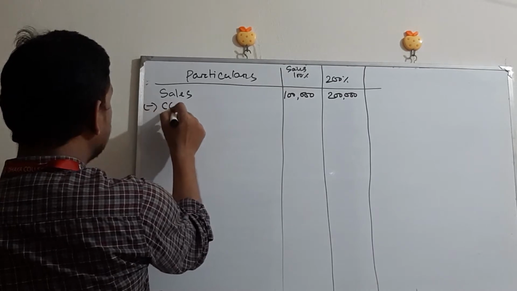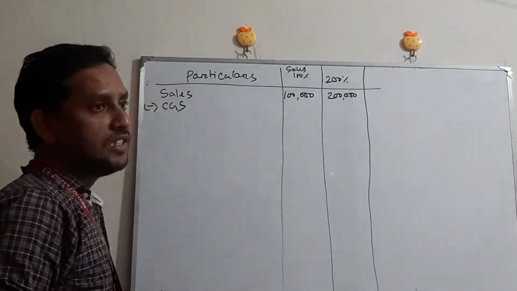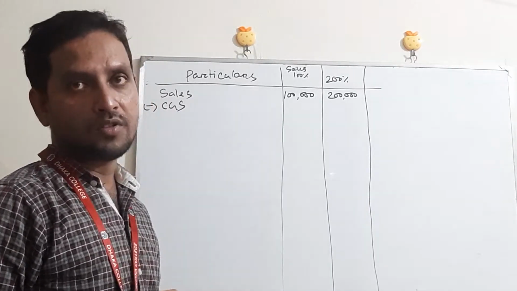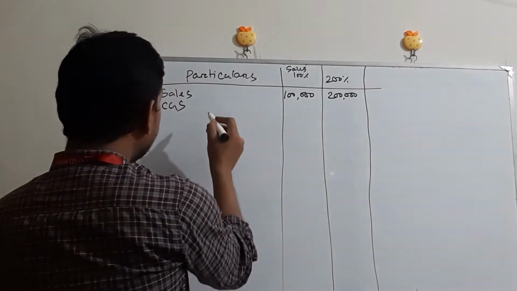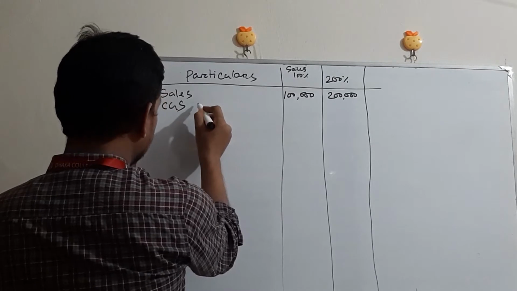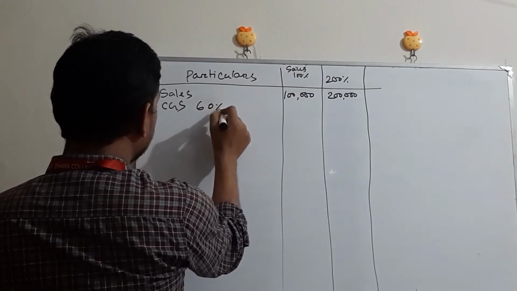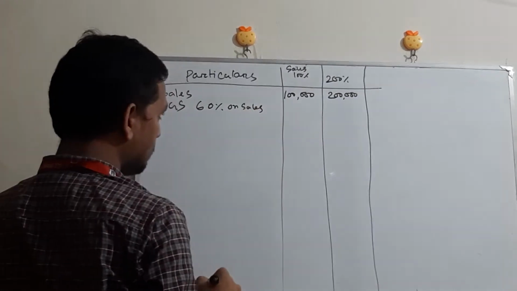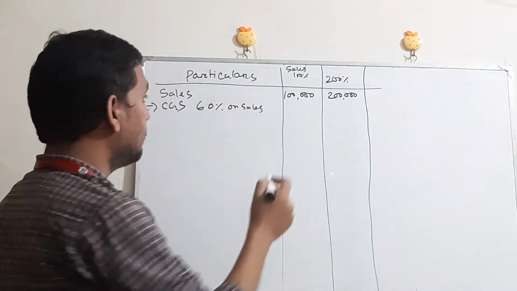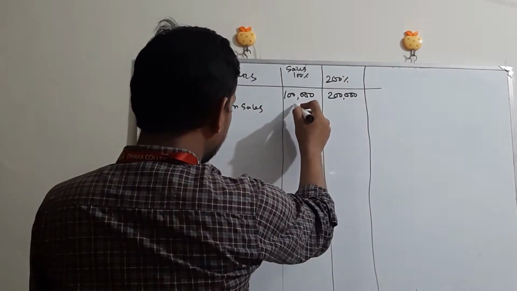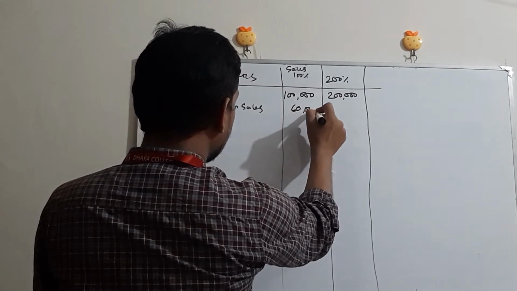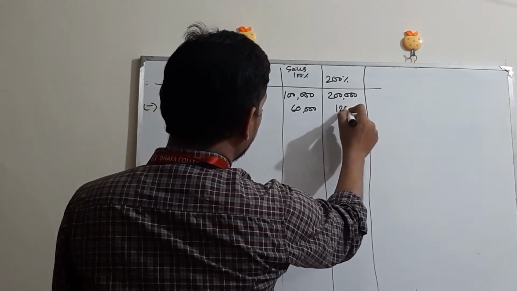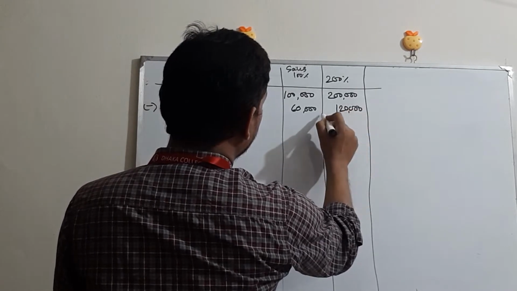Less CGS. CGS means cost of goods sold or variable cost, which is 60% on sales. Is it right? So 60%, I mean 60,000 taka, and 120,000 taka.